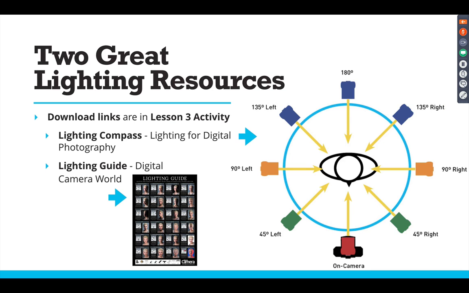All right, got a couple great resources for you guys inside Lesson 3 today. One is this compass. Very simple, you would think it's common sense, but this is all based on the camera being in the front. You can move the camera to any position and this would just rotate around.